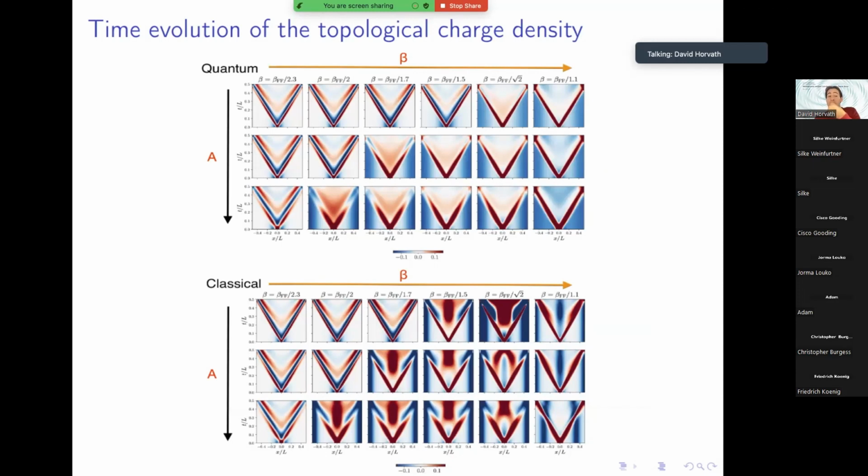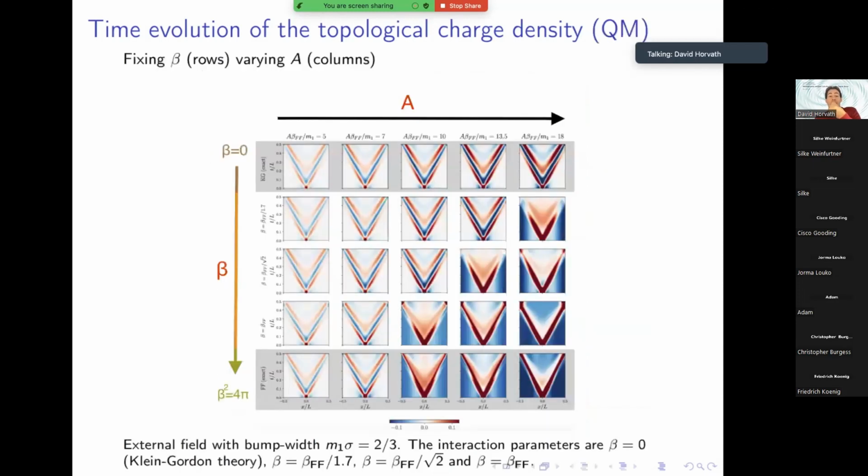It's not semi-classical. And again, this interchangeability of the two important control parameters, beta and A, is again there, at least from the viewpoint of this transition, in the quantum model, which is a not entirely trivial statement.